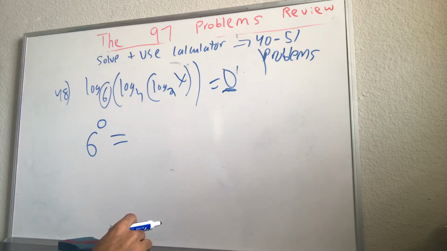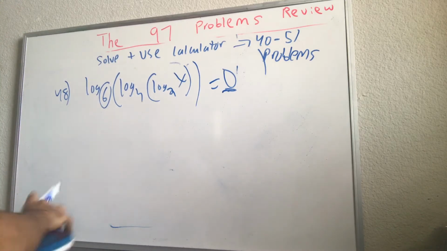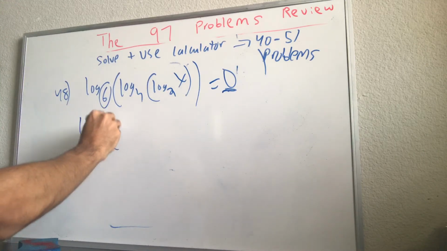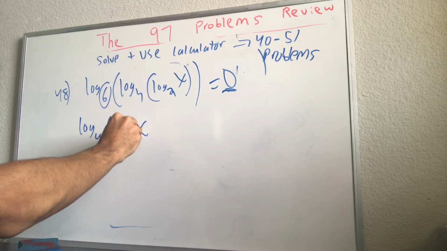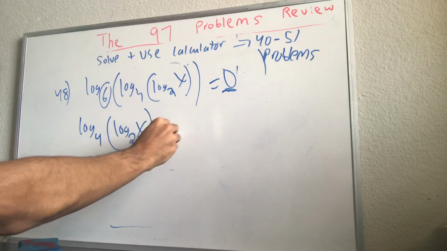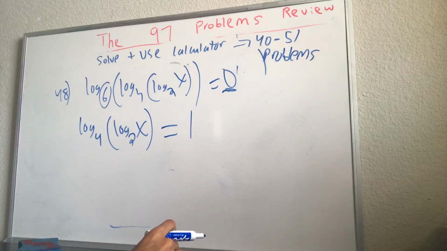And we know 6 to the power of 0 is just 1. So what we're left with is log base 4 of log base 2 of x is equal to 1. So this is your new equation that we now have to solve.